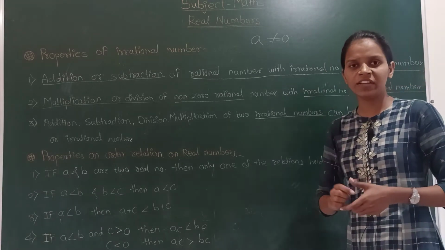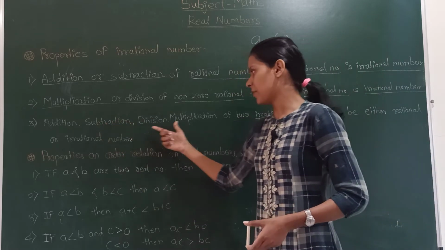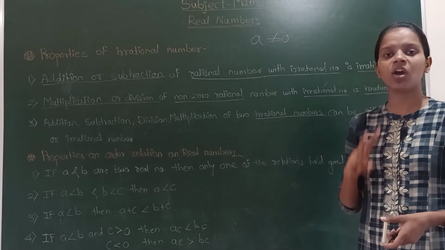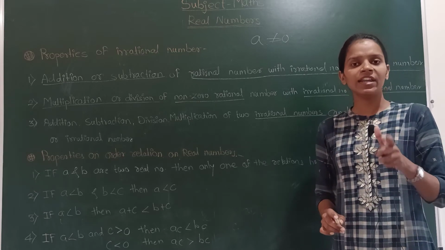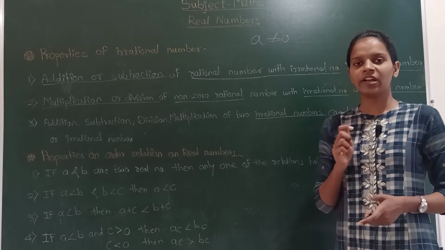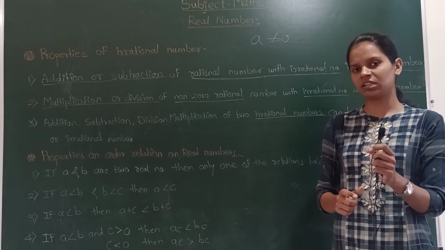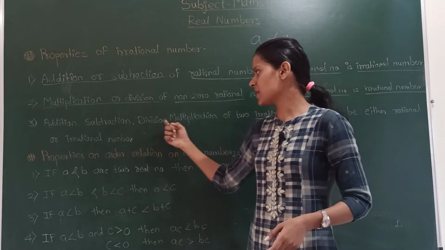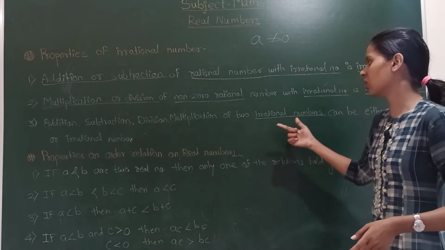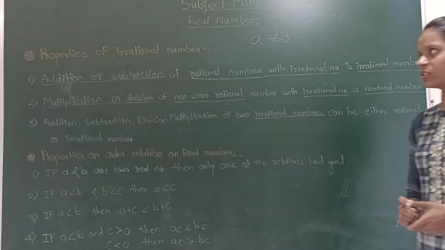We can't define really whether the result will be irrational or rational. So, the result of addition, subtraction, division and multiplication of two irrational numbers can be either rational or irrational.